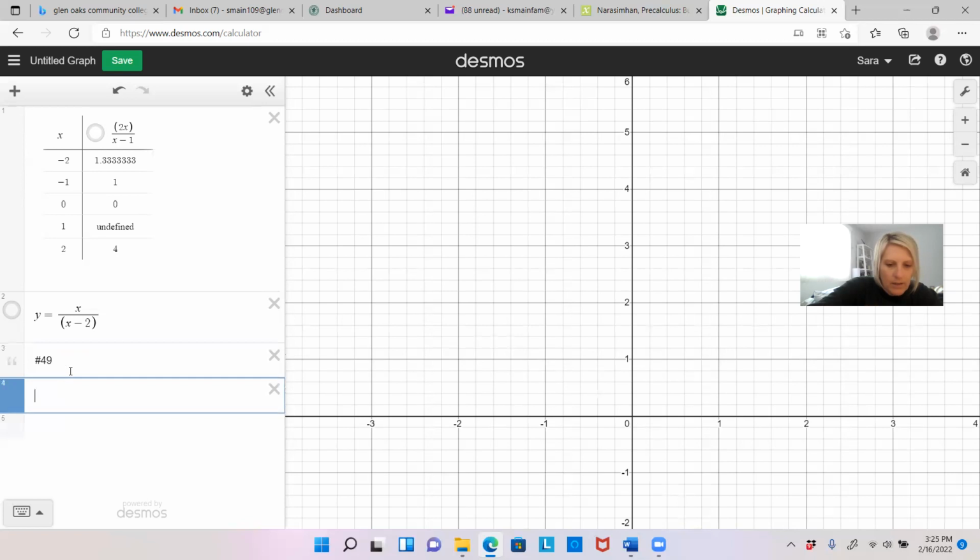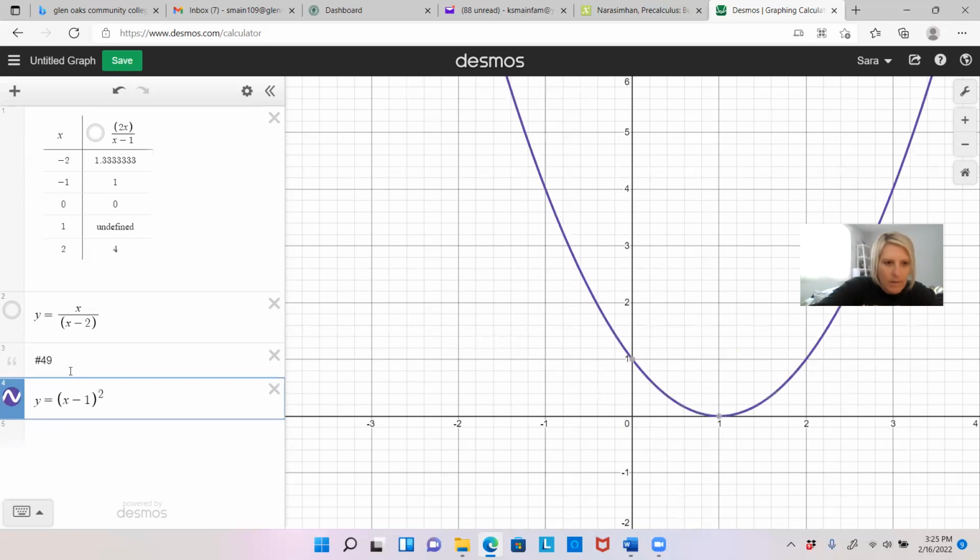I have to type it in a new line. Y equals x minus 1 squared. And then my inverse function, and remember, I'm only going to worry about when x is bigger than or equal to 1, we said. So only from 1 on. And then I'm going to graph what I think is my inverse function that I created here for 49, which is the square root of x.